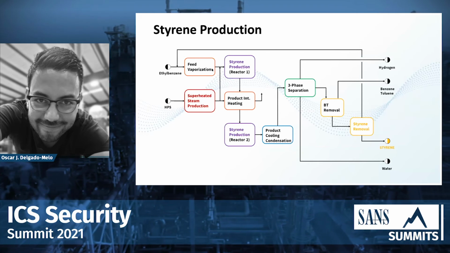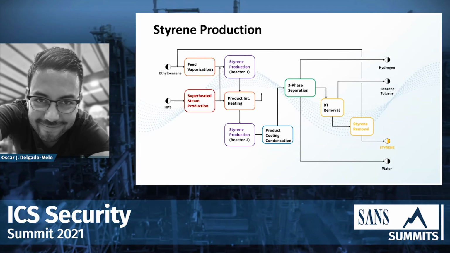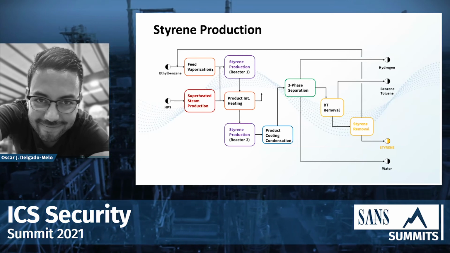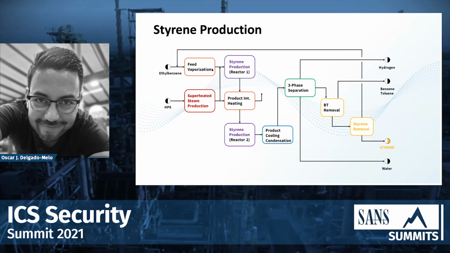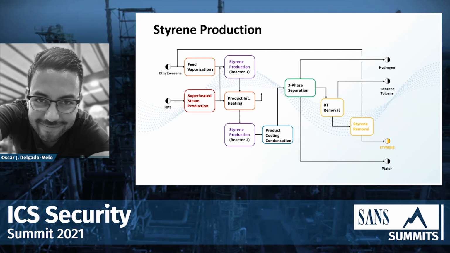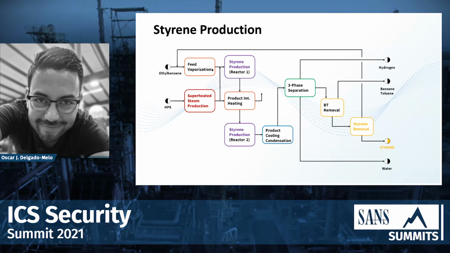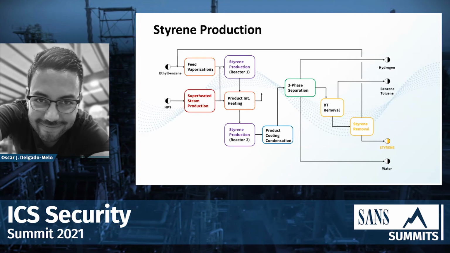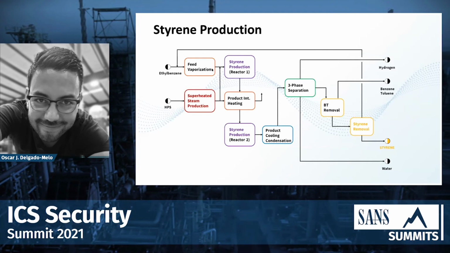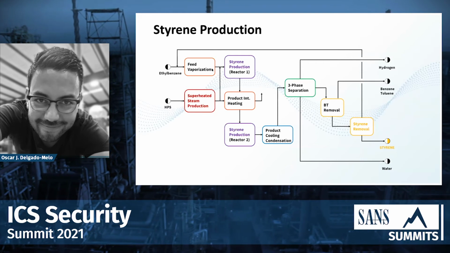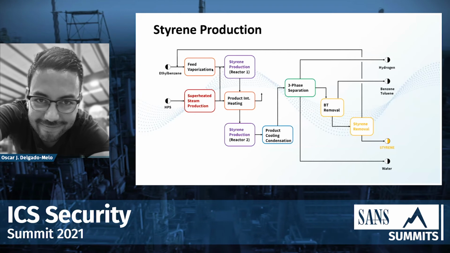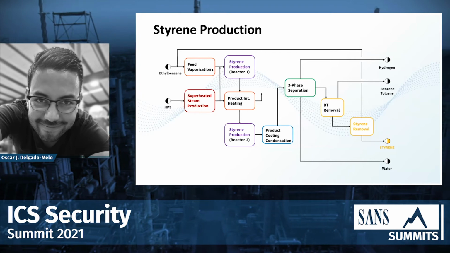So any problem that I can create on this steam will not just affect one piece of equipment. It will affect pretty much the whole plant. I can probably disrupt the entire production just by attacking that one. So when I'm thinking about priorities, I would say for this specific plant, the steam should be a priority, should be reliable, should be very robust, and something that I want to consider in all my scenarios.